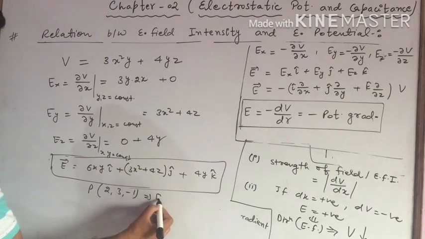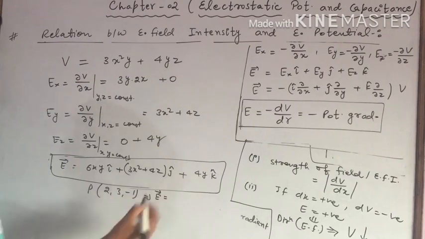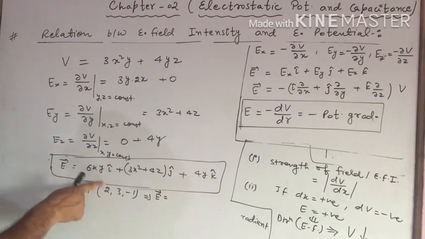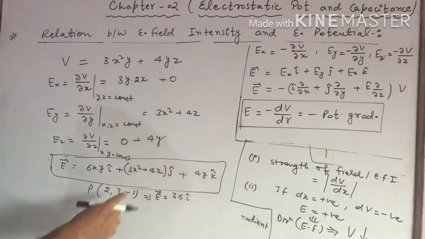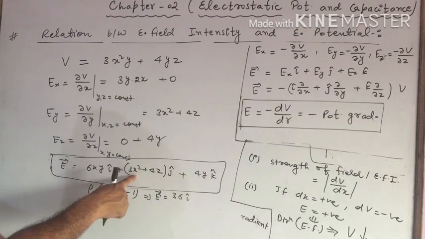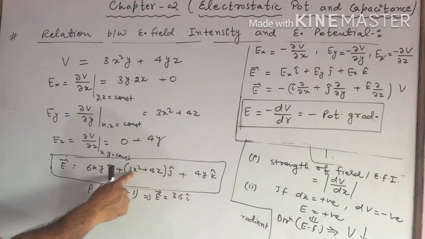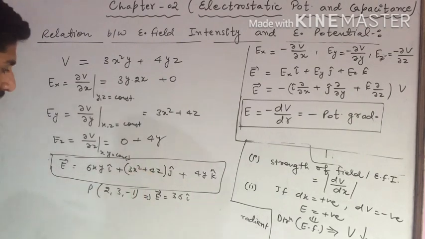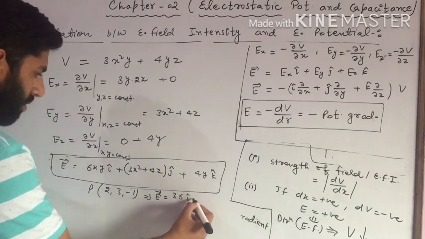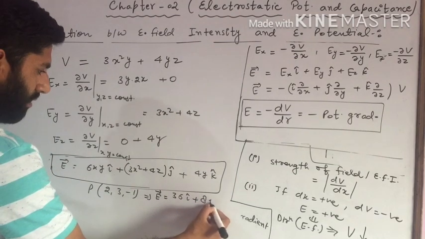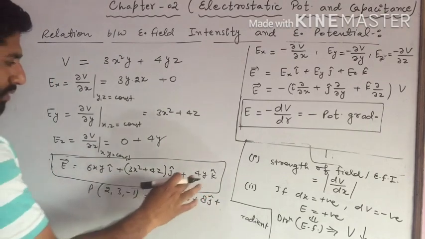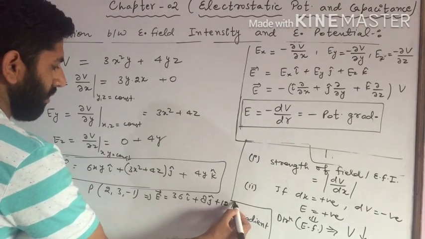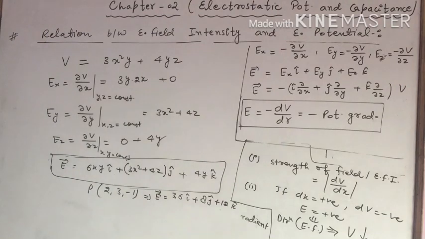So at this point electric field will become: x is 2, y is 3, so 2 3s are 6, and 6 6s are 36 i cap. Now for this term, x is 2, 2 square is 4, 4 3s are 12, 12 minus 4 is 8, so plus 8 j cap, and y is 3, so plus 12 k cap. So this will be the electric field at that point.